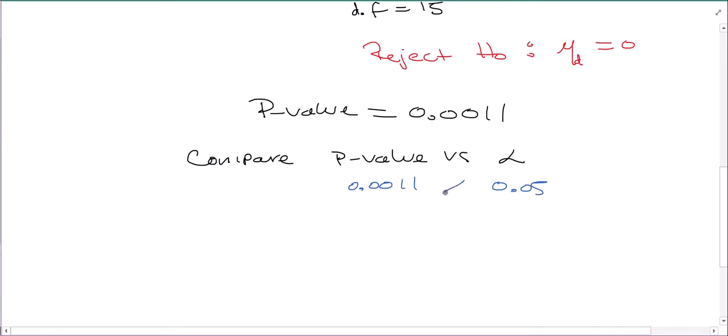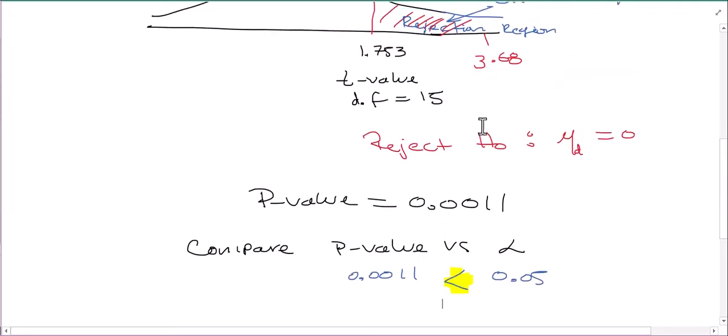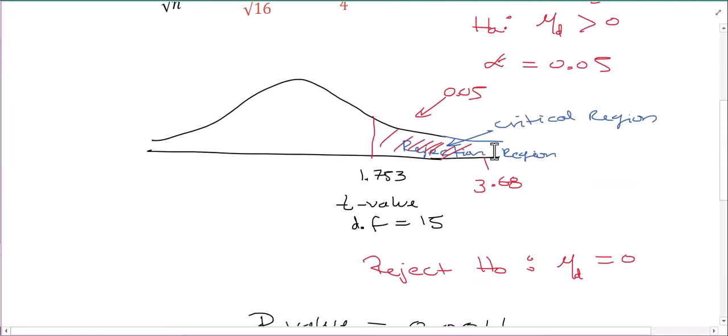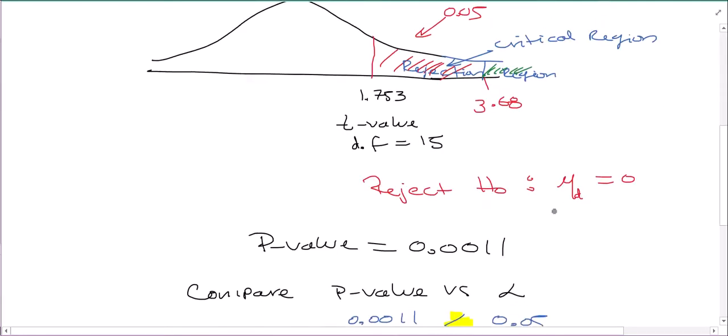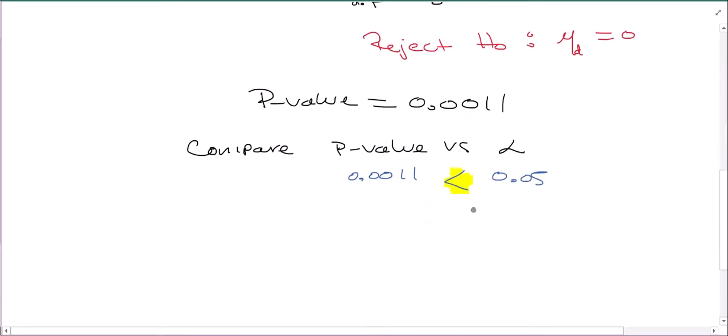The p-value is smaller, which means what? If the p-value is smaller, that's the area for 3.68. Which makes sense because 3.68 is over here, so this area is smaller. So it's contained within the rejection region still. So we can say because this is smaller, we reject the null hypothesis.